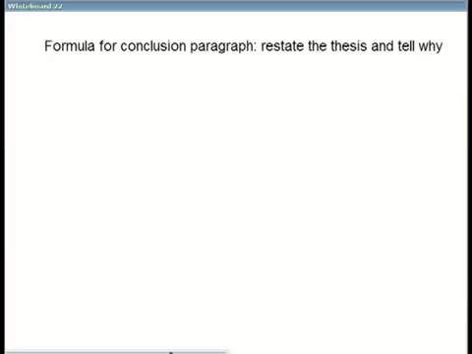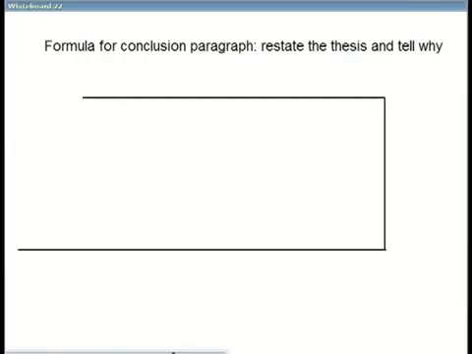It is as simple as that. Okay, let's give it a shot. A conclusion paragraph can be very short as long as you wrap things up in a nice, neat bundle, and be sure to repeat your thesis and tell why it's important. As long as you do that, nobody's really going to notice how long it is.